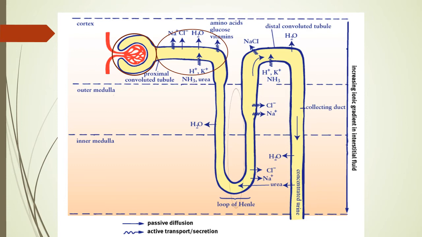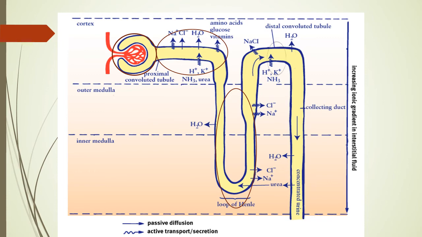Then comes the loop of Henle, especially you can see the descending limb, the water control part is done here. Whether a human or an animal will release concentrated urine or dilute urine depends upon this part. You can see how much water is to be liberated outside is controlled here.